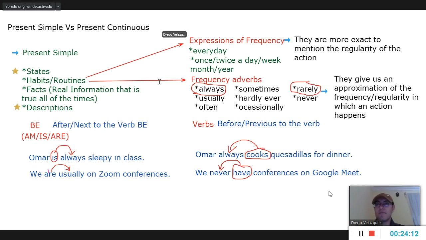So what's the point in here? That these type of expressions are more exact. But, okay, maybe we have a lot of different expressions, but you need to keep in mind that these expressions normally give me the exact regularity in which the action happens. Okay, my friends?